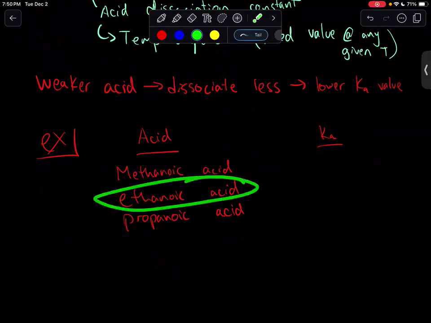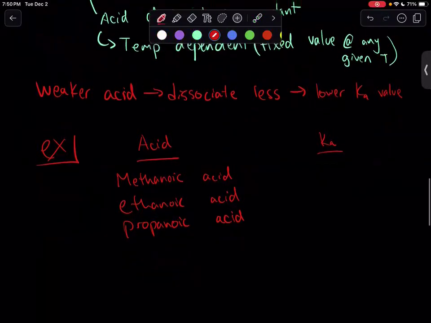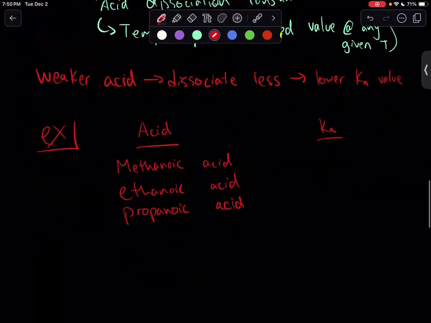Ethanoic acid is the common one that we generally use, CH3COOH. So we have methanoic, ethanoic, and propanoic acids. Their relative Ka values are 1.8 times 10 to the negative fourth, 1.8 times 10 to the negative fifth, and 1.4 times 10 to the negative fifth.